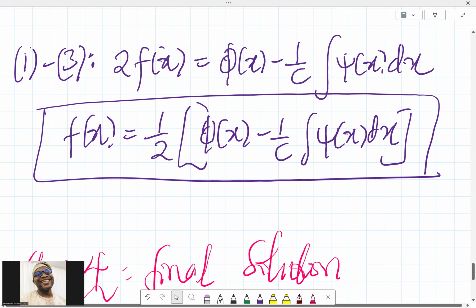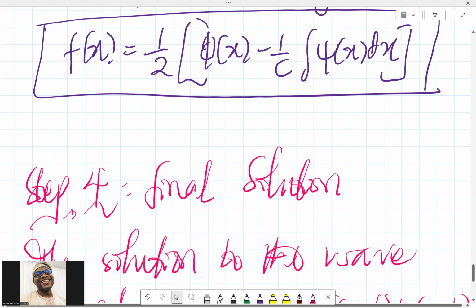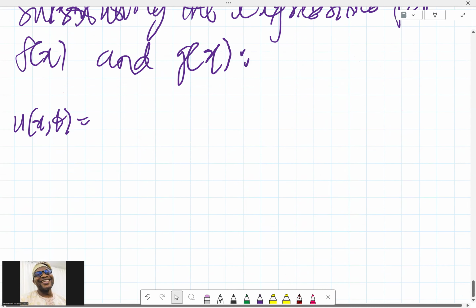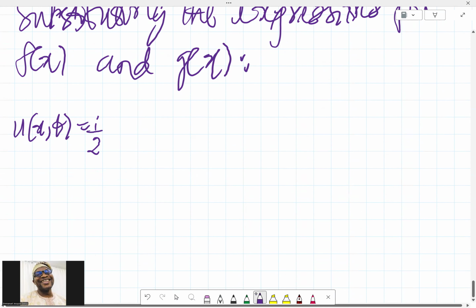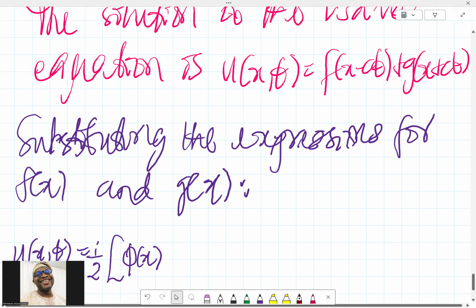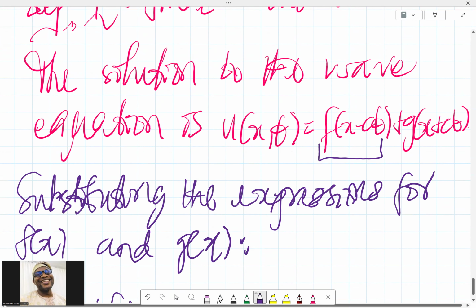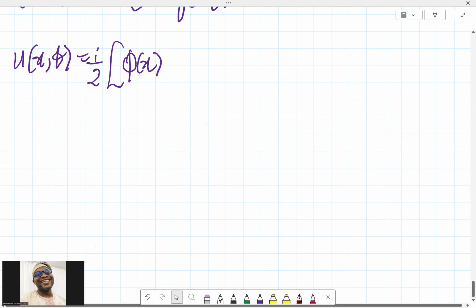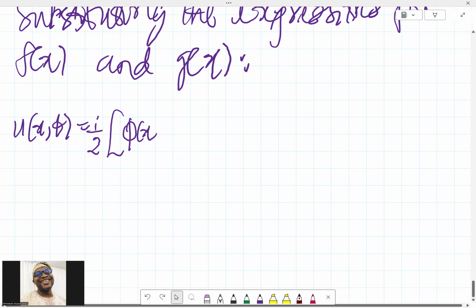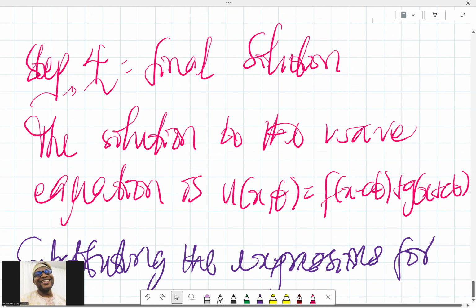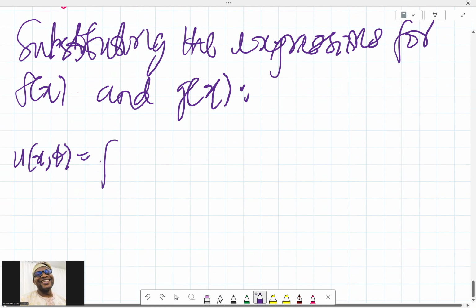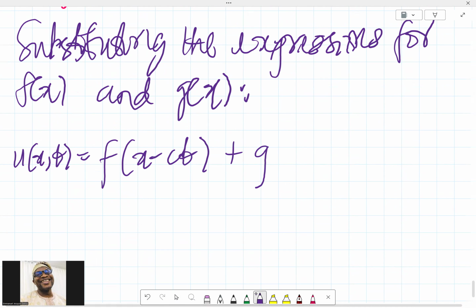Anywhere you see x, you just put x minus ct, that's all. Let me write that out first. So u of x comma t is f of x minus ct plus g of x plus ct.